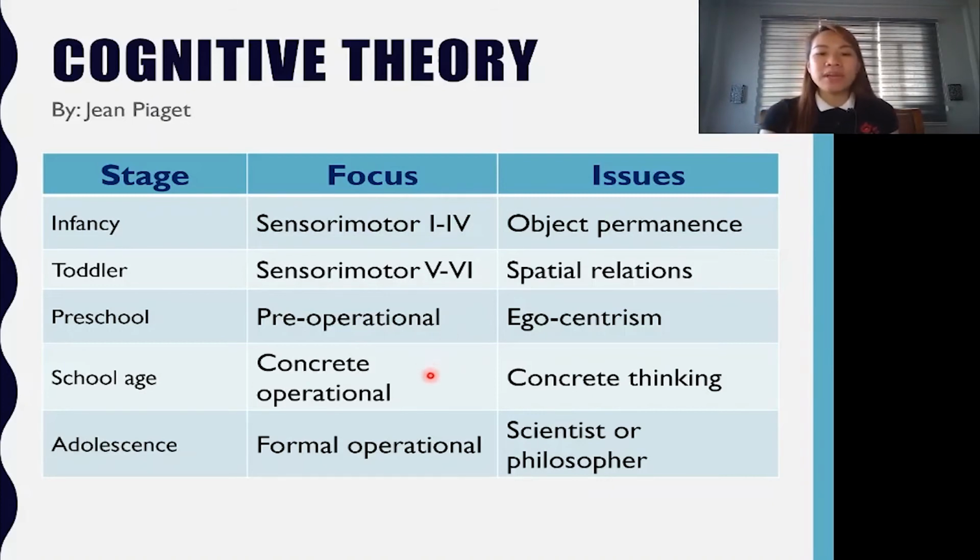At school age naman, concrete operational or concrete thinking. They learn how to add, subtract, divide, but for abstract reasoning, they still do not know it. So, hindi pa nila alam. Pag halimbawa tanungin mo, aanhin pa ang damo kung patay na ang kabayo, they will take that literally. Patay na yung kabayo, so wala nang kakain ng damo.